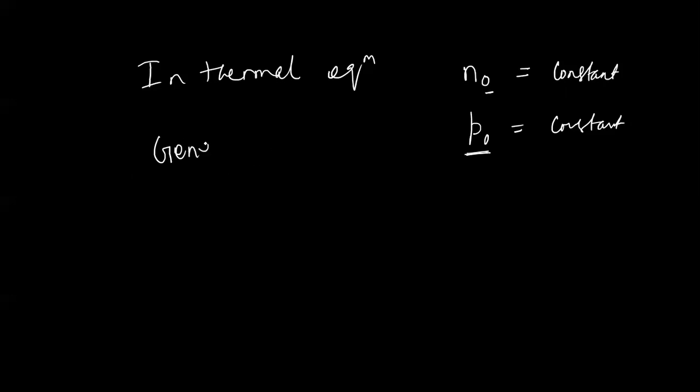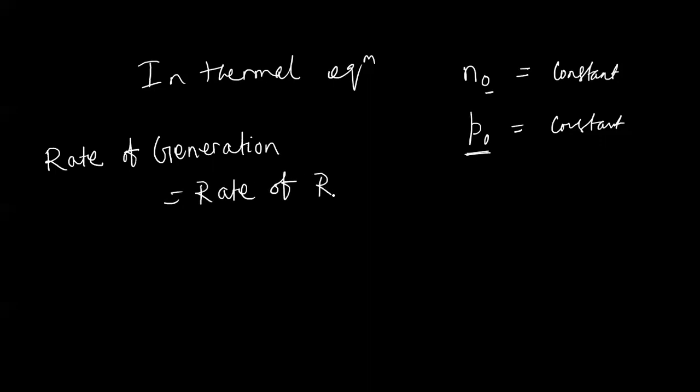So generation and recombination processes are happening, but the rate of generation, the number of electrons created, must be equal to the number of electrons annihilated. So the rate of generation must be equal to the rate of recombination.